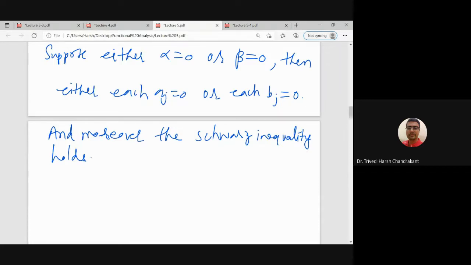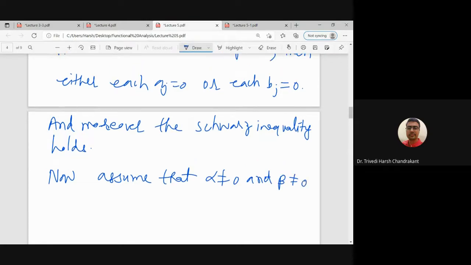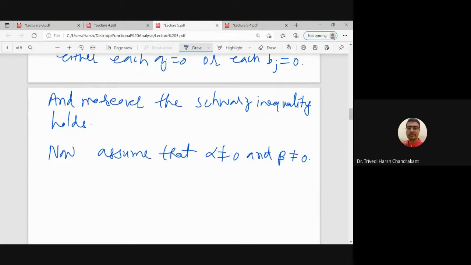Now on the other hand, suppose none of them is 0. That means alpha is non-zero and beta is non-zero, so we can divide by alpha and beta.